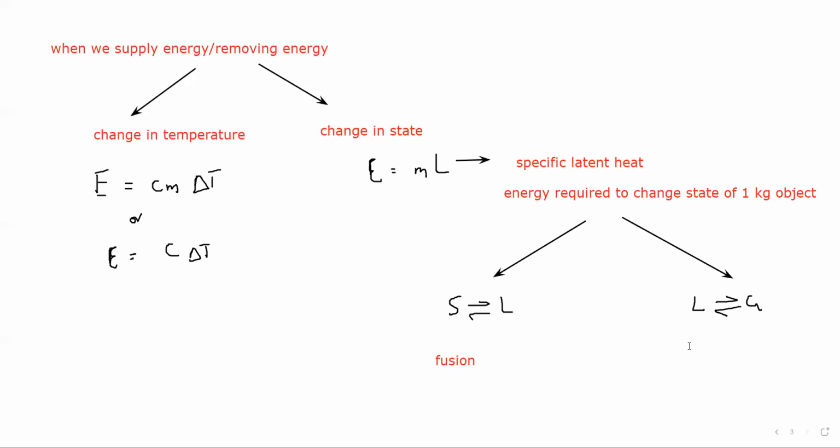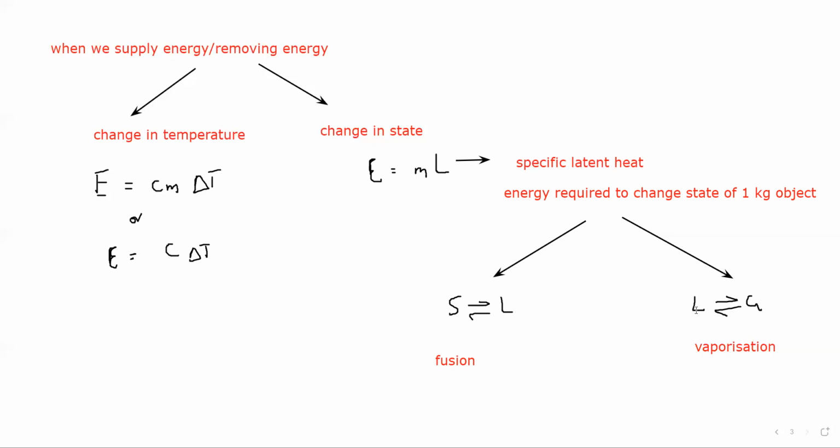If we want to convert 1 kilogram of liquid into gas or the opposite, then we call that vaporization. The only difference is that when solid converts into liquid, you have to supply energy, but when liquid changes back to solid, the energy is removed. And when liquid changes to gas, energy is supplied, and when gas changes to liquid, energy is removed as the particles come closer to each other.